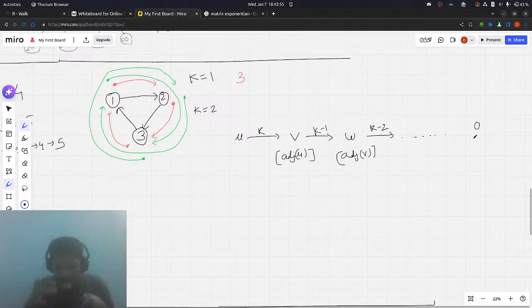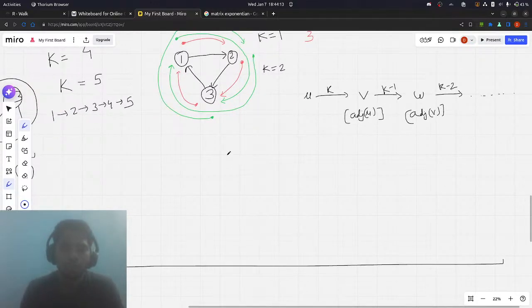How can we write a recurrence relation for this?